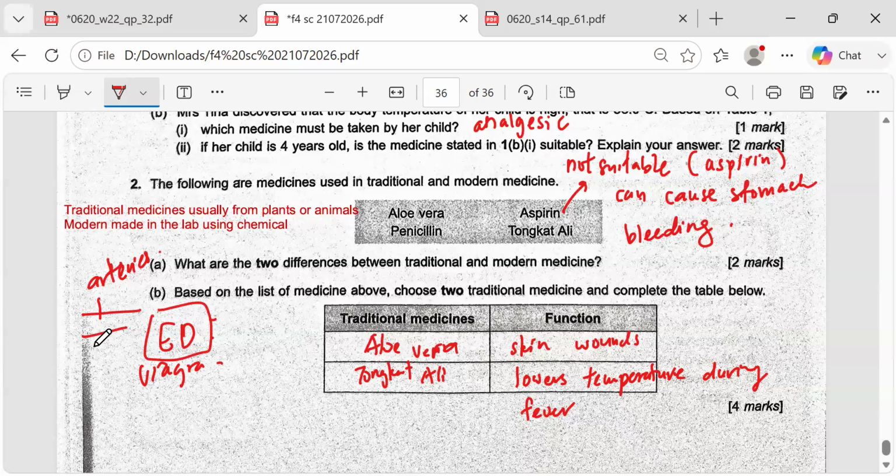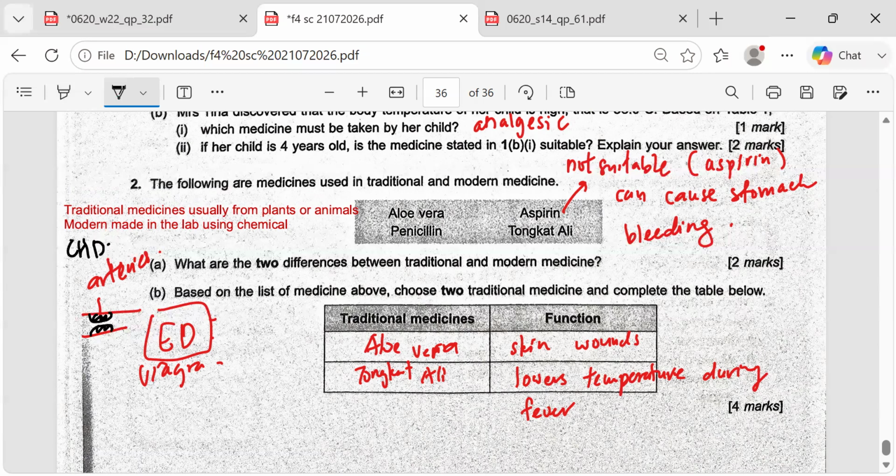Arteries carry oxygenated blood everywhere, including to the penis. So the artery that carries it to the penis is actually blocked. This occurs when a person already has high cholesterol. So if he has erectile dysfunction, that is actually the first sign of coronary heart disease.